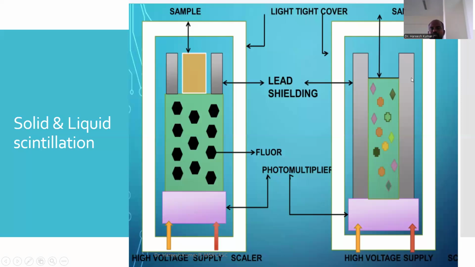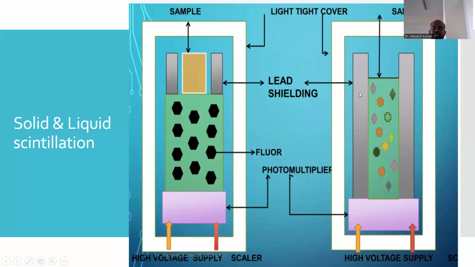When it comes to the liquid scintillation, here the sample and fluor are both in one place. When radioactive element emits the radiation and those radiations enter the sample, a mixture of sample and fluor, then initially sample takes the radiation and it goes to excitation. When it comes back, it emits radiation. That radiation is taken by the fluor.